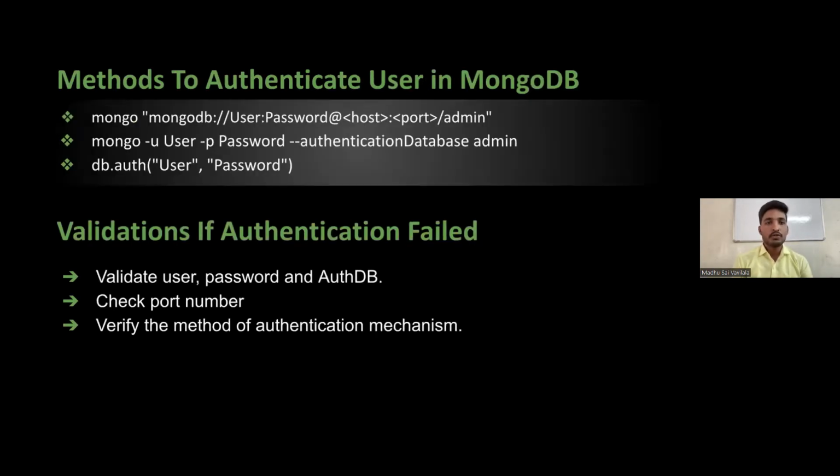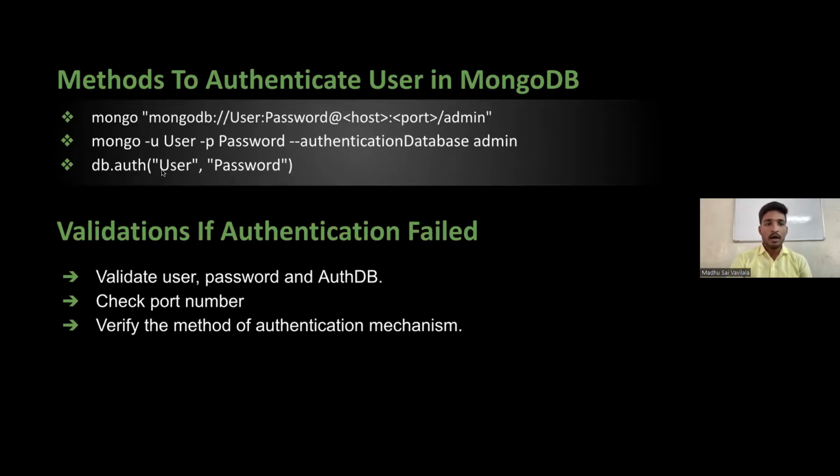These are the methods to authenticate the user. The first two are authentication while connecting to the Mongo shell from the command line. This is the URI string method, and this is the URI with flags. And this is the db.auth command, used to authenticate the user inside the Mongo shell.